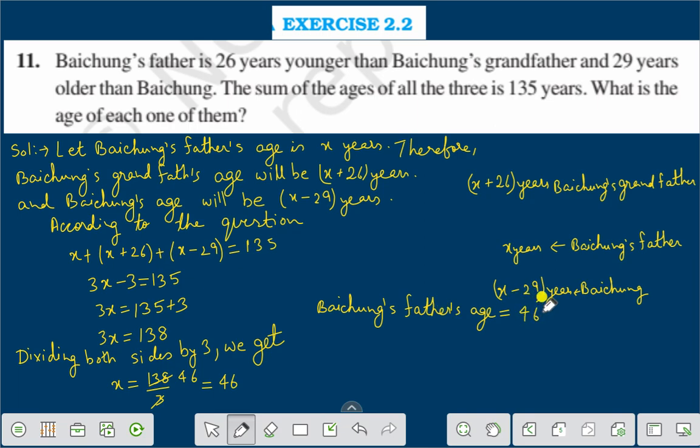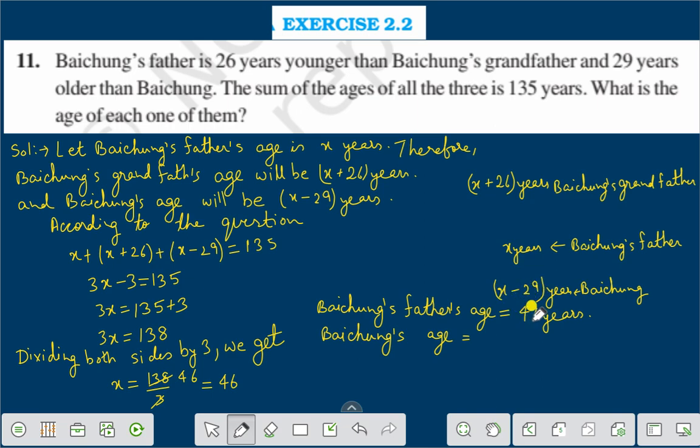And Baichung's age is equal to X minus 29.